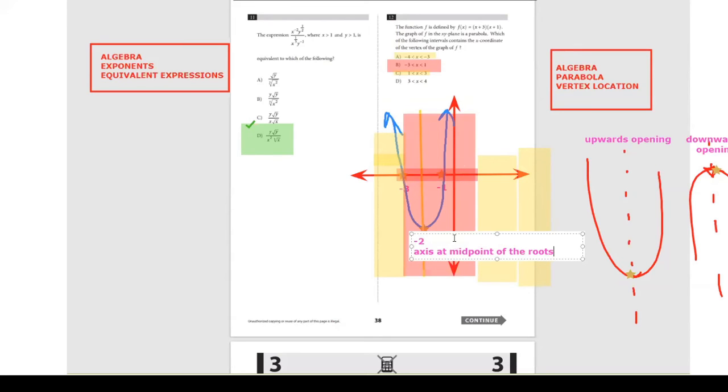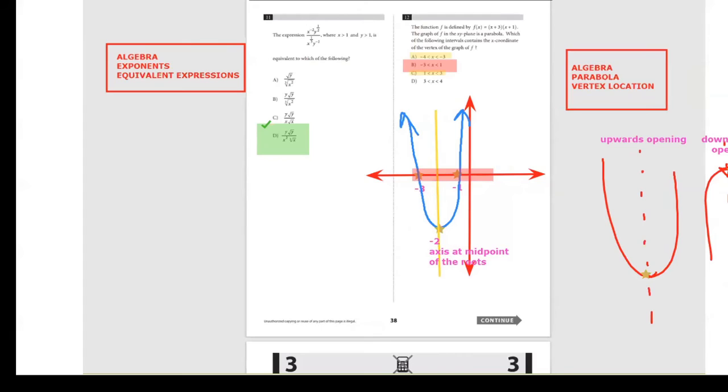You should know that from your teacher as well in your regular classrooms: the midpoint of the roots is where the vertex and the center is. All right, any questions? Very good.